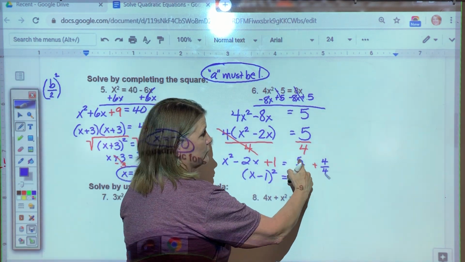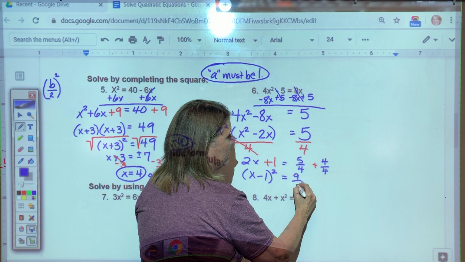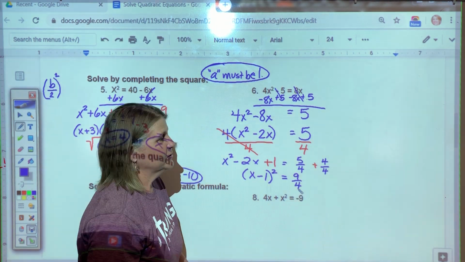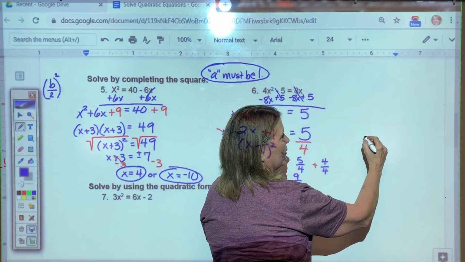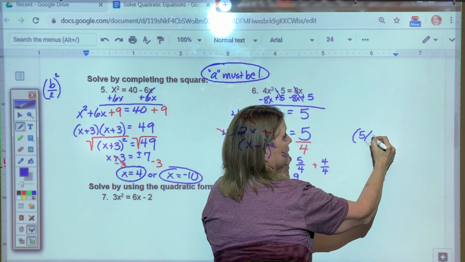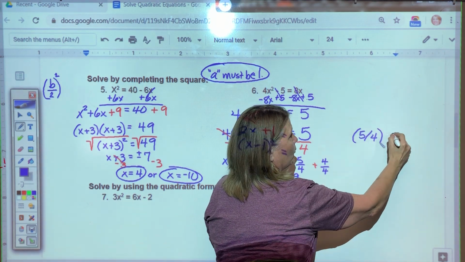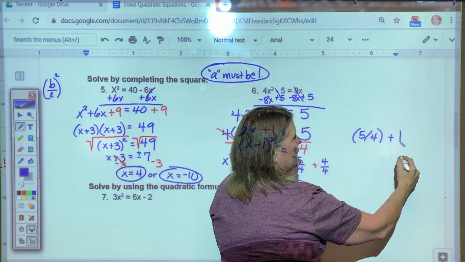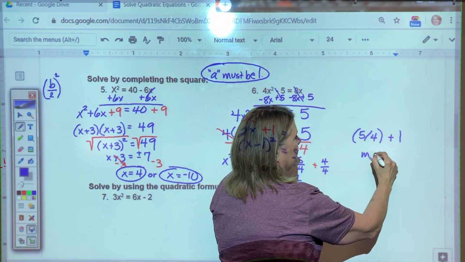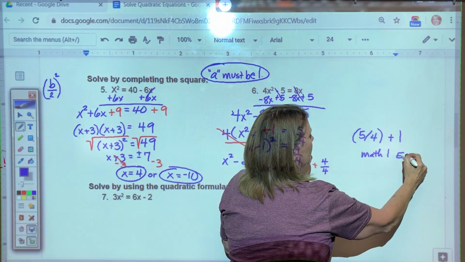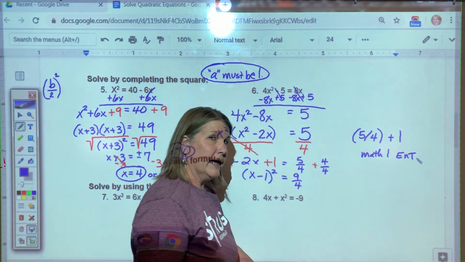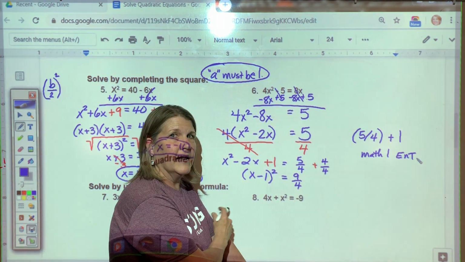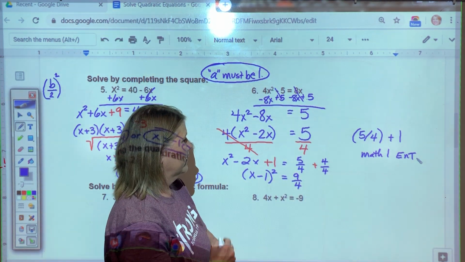So what I have on this side is really 9/4. Now, if that blew your mind, if it's been too long since you've done that, you can always take your calculator and say, hey, calculator, protect it with parentheses now, and say 5/4 plus 1, and, you know, the math 1 enter. If you hit math 1 enter, it turns it back into a fraction, and it'll tell you 9/4. So if you need some help with that.